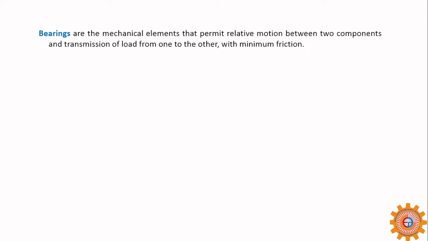So, bearings are mechanical elements that permit relative motion between two components and also transmission of load from one place to the other place with minimum friction. All shafts are mounted on bearings, which in turn are mounted on the base of the body.